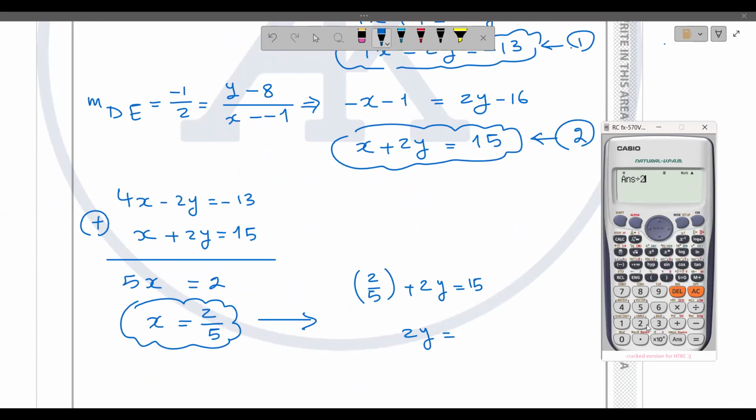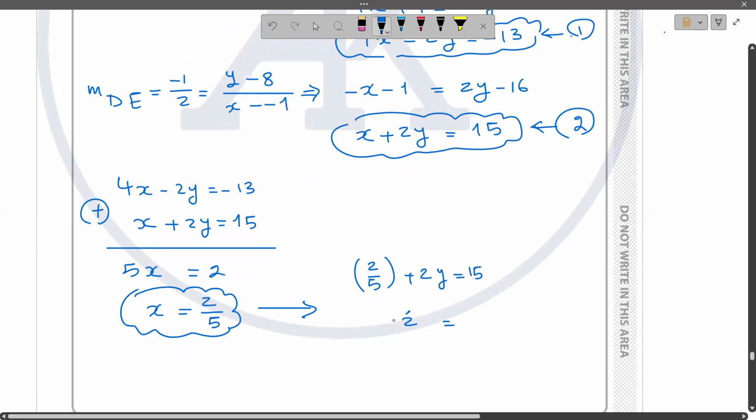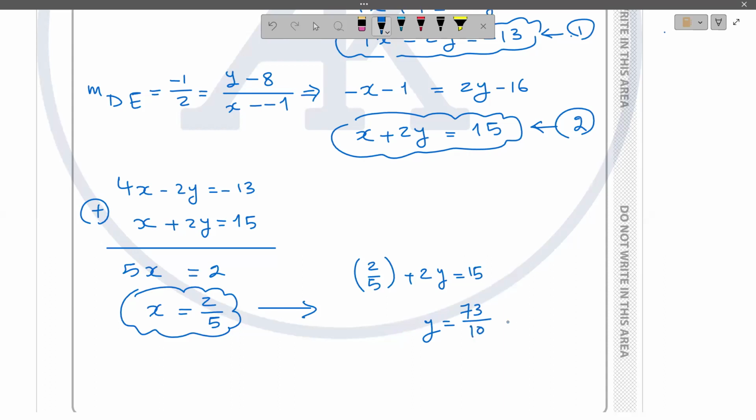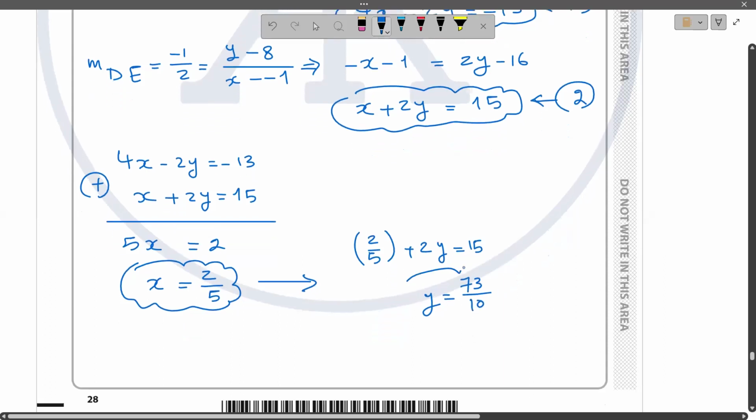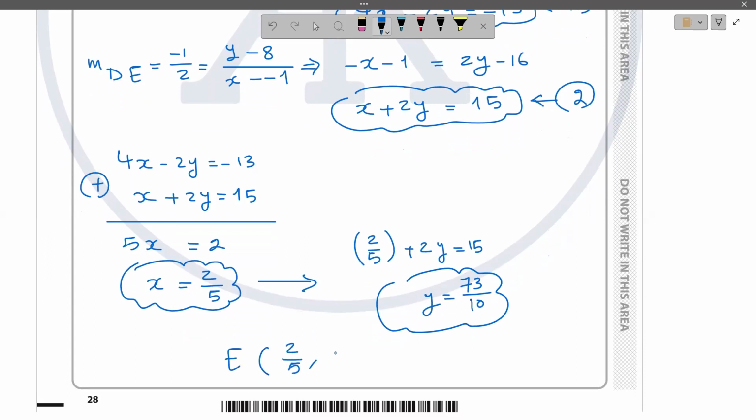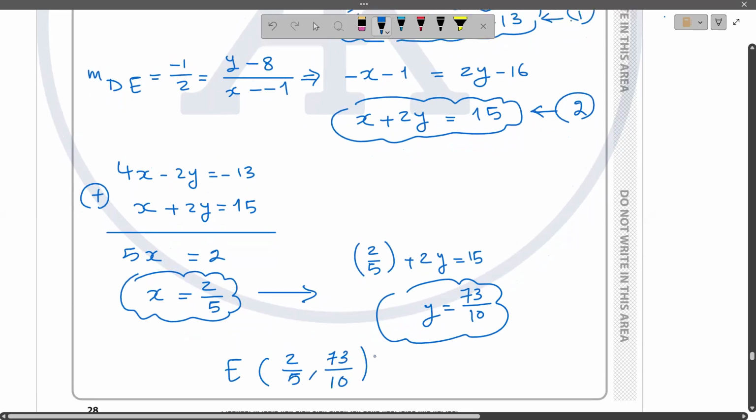And then divide the answer by 2. It's 73 over 10. So y equals 73 over 10 or 7.3. So the coordinate of E will be 2 over 5 and 73 over 10.